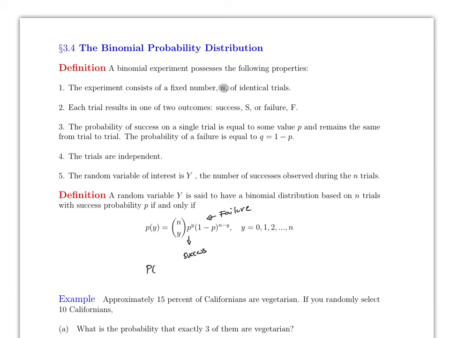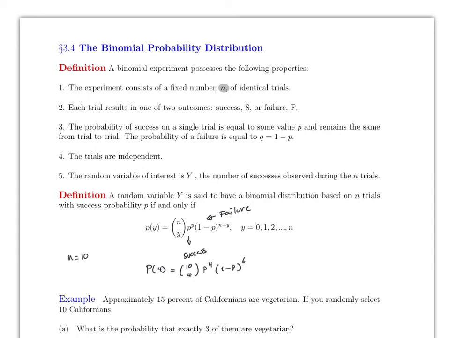For example, let's say y was 4, and n is 10 again, so then it will be 10 choose 4, times whatever probability we have to the 4th power, then 1 minus p to the 6th power, meaning that if you are successful 4 times, then you fail 6 times, and this counts all the different ways in which you could be successful 4 out of 10 times. That's it. That's what the formula is technically doing.